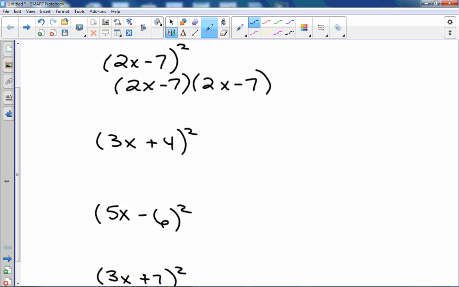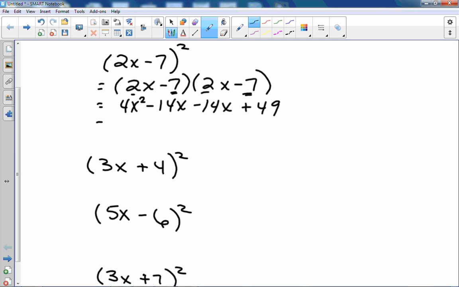And then notice from there, I could do the full method here. The first would give us 4x squared. The outside would give me negative 14x. The inside is going to give me negative 14x. And then the last, negative 7 times negative 7, will be positive 49.